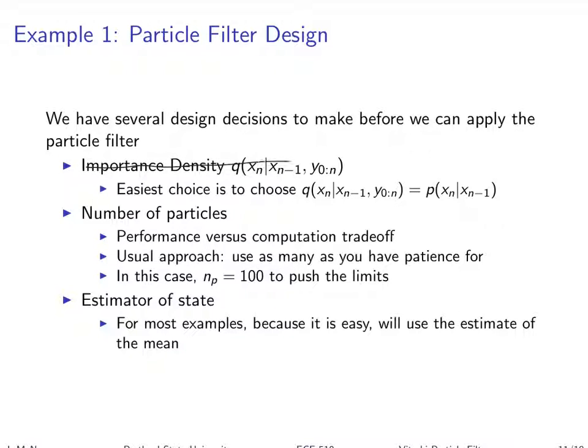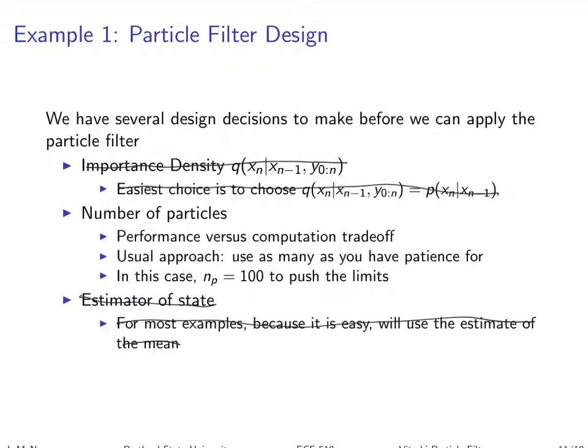We don't have to pick an importance density, and I did not choose this as the importance density. I chose something else. I did choose 100 particles, and this was really kind of to push the limits. And I didn't estimate the mean, obviously, either, so that's also wrong. I apologize for that. You have to go back and clean up that slide.